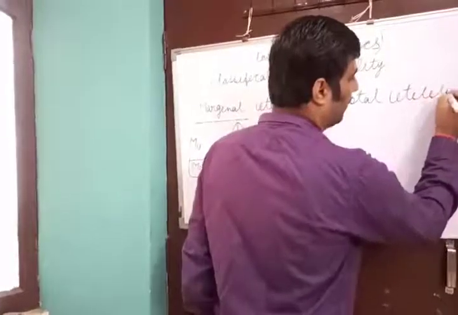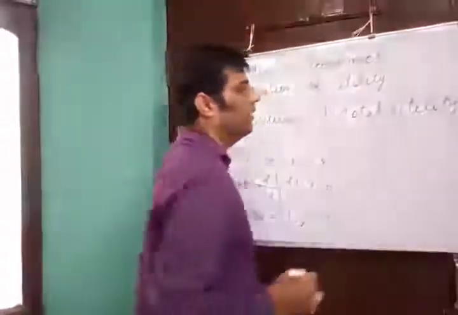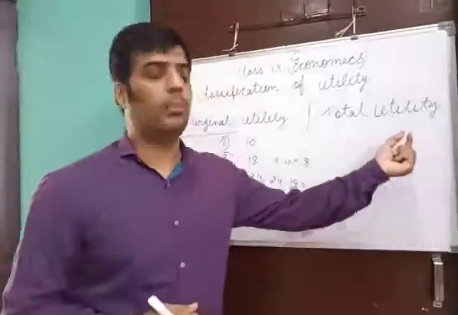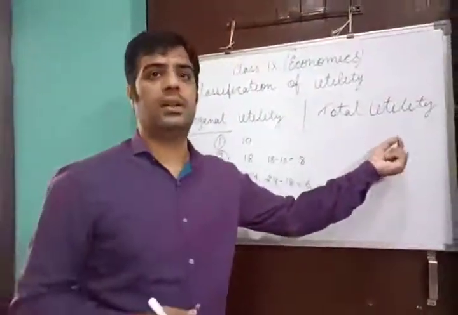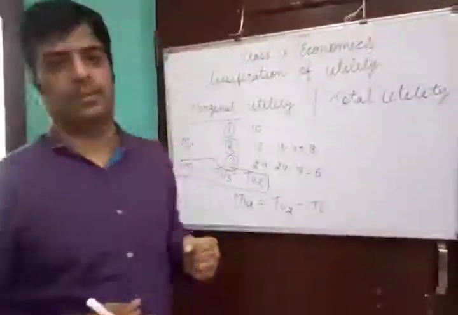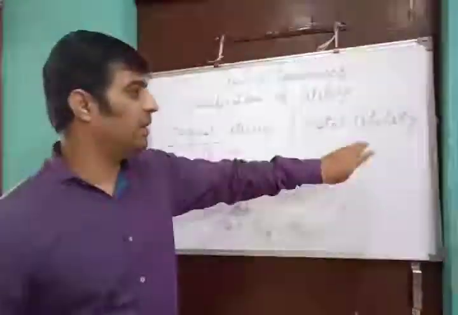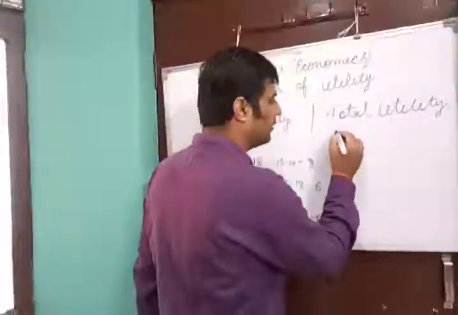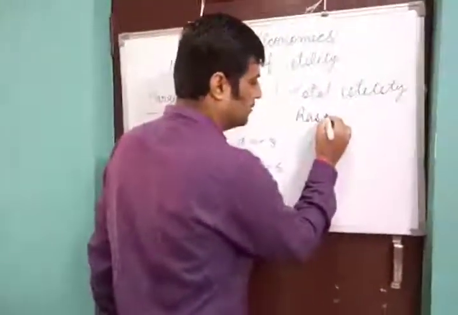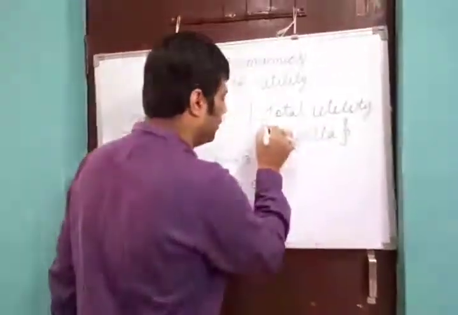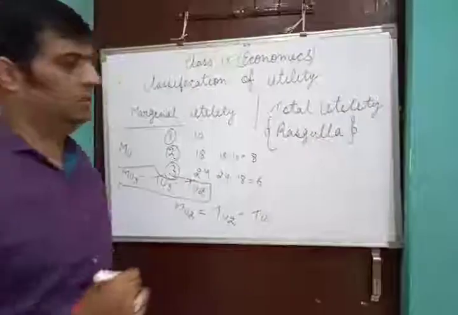Total utility means the sum of utility which a person gets by using the different units of the same commodity. One notable point is same commodity. When a person eats rasgulla, he has to eat only rasgulla.